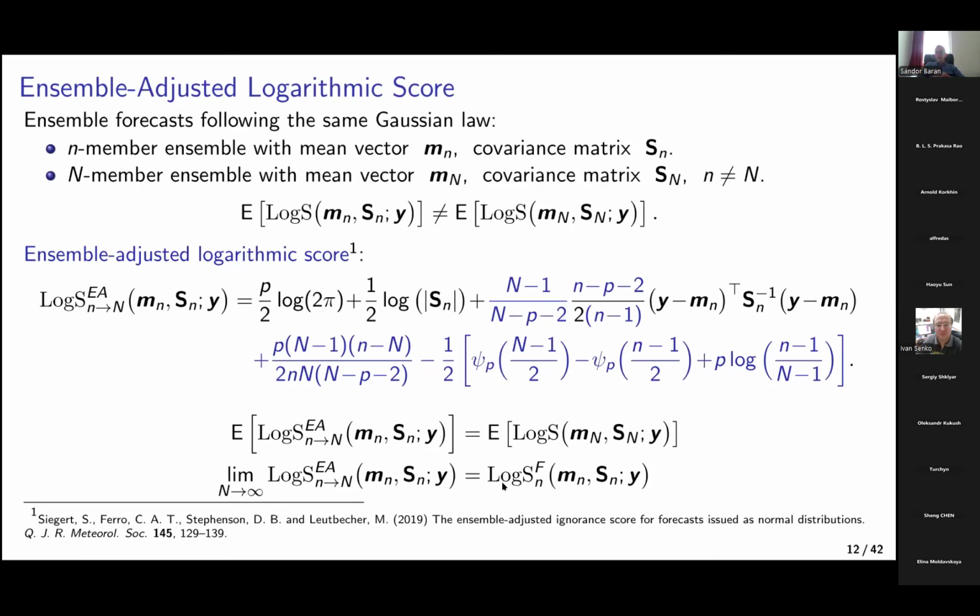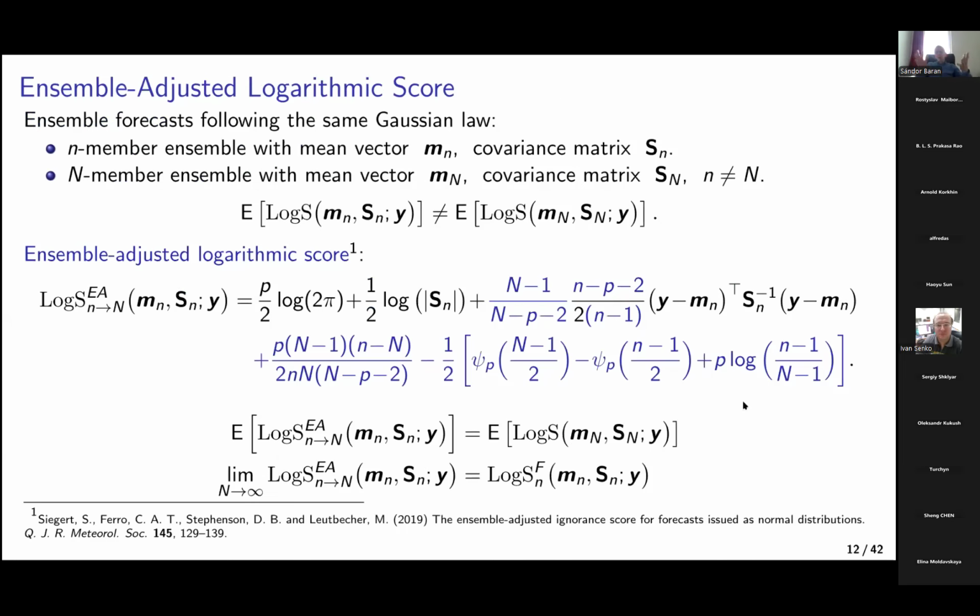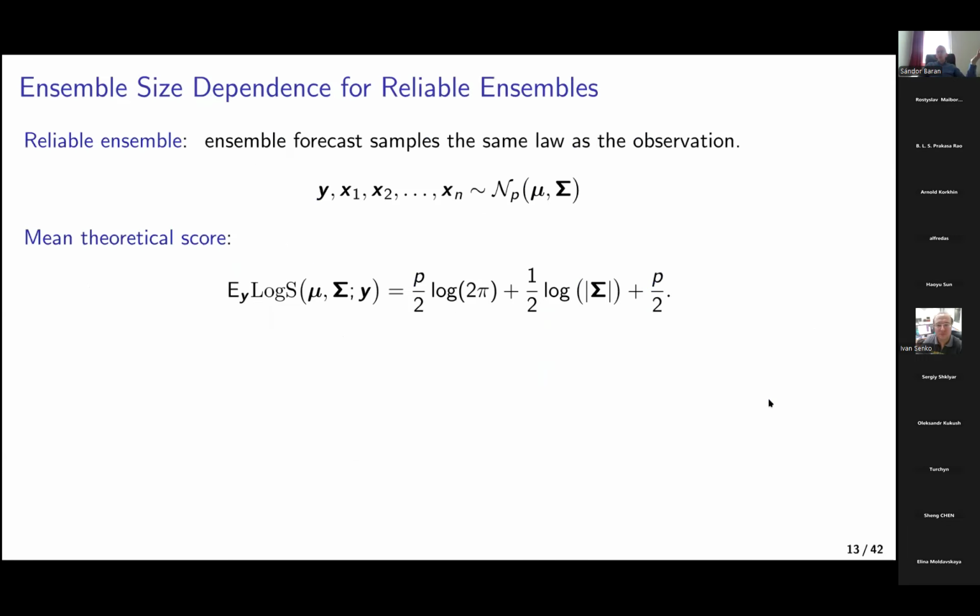So in this way, we gave a tool which might extend from a small size ensemble to a large size ensemble and estimate the logarithmic score without generating the larger ensemble sizes. And the next question, how do the scores depend on the ensemble size? For instance, in the reliable case. Reliable case means that we have a perfect situation when the forecast and the observation follow the same Gaussian law.